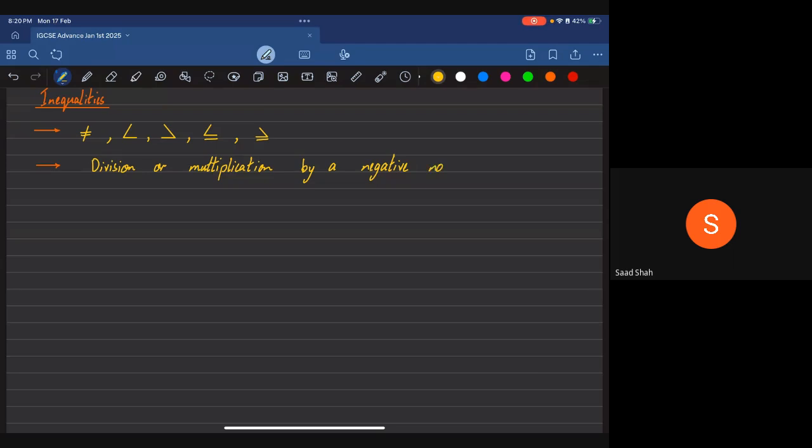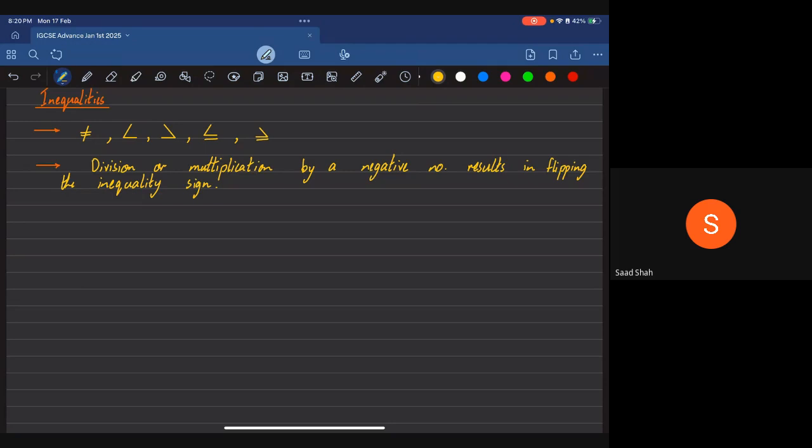So division or multiplication by a negative number results in flipping the inequality sign. That's basically just the one rule that we have.